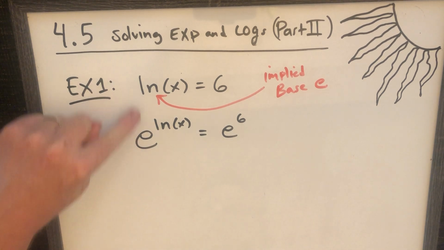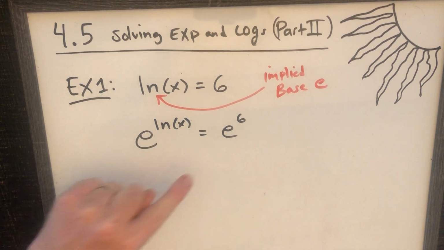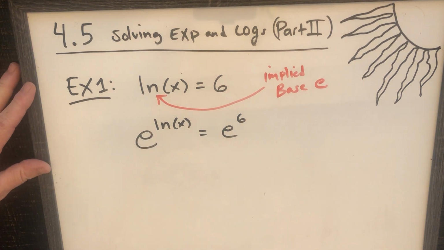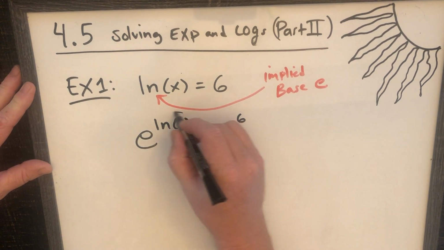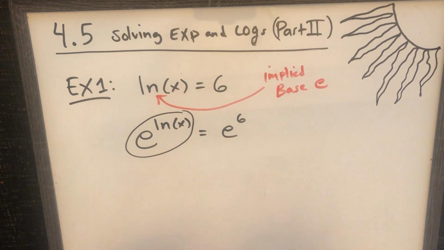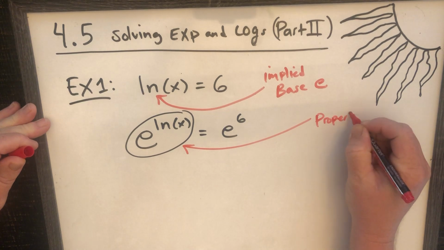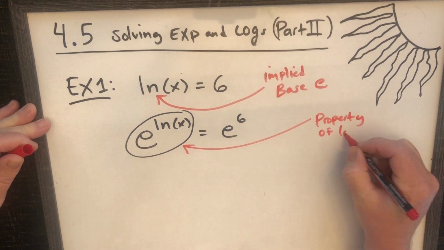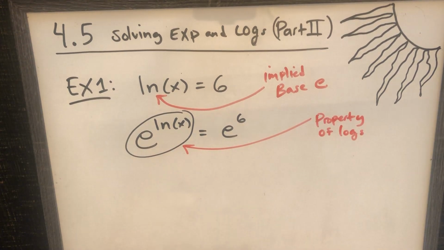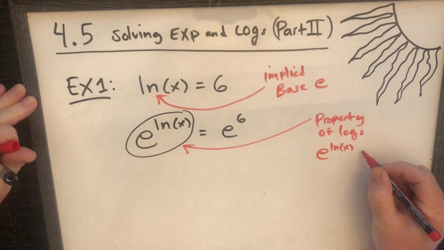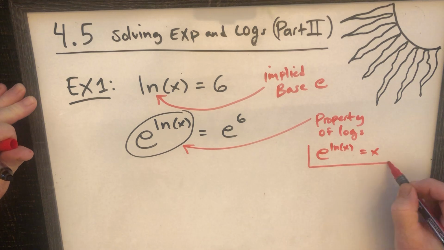So the left-hand side now reads e to the ln of x, equals the right-hand side, which is now e to the 6th power. Using a property of logarithms from section 4.4, we have that e to the ln of x is equal to x.